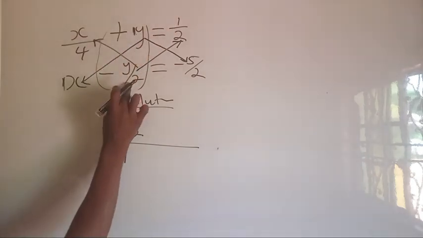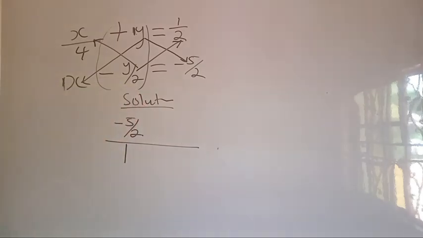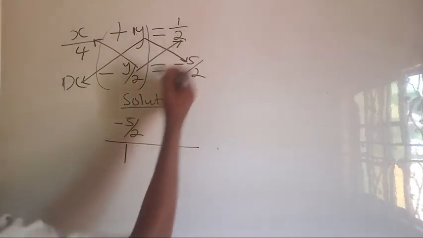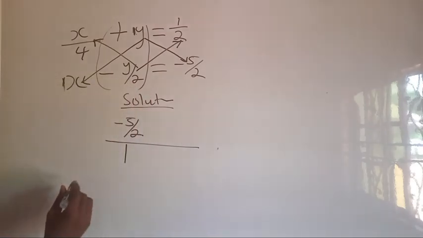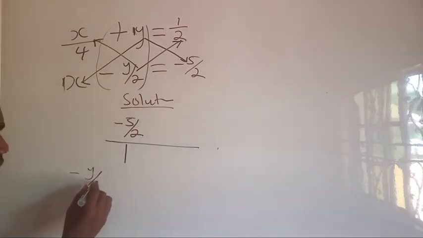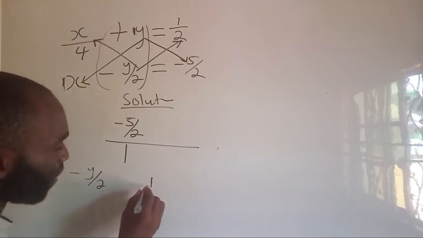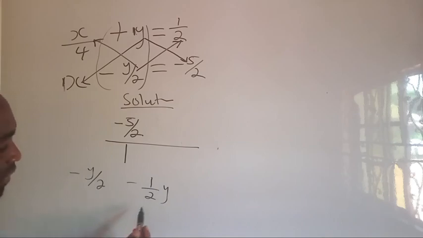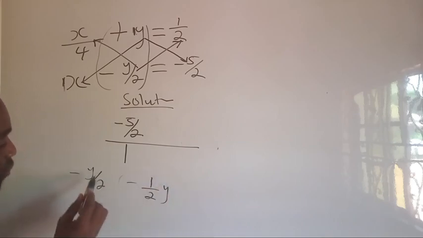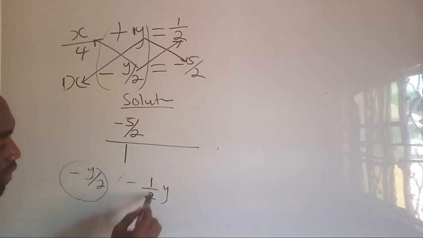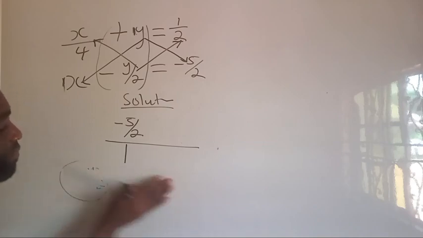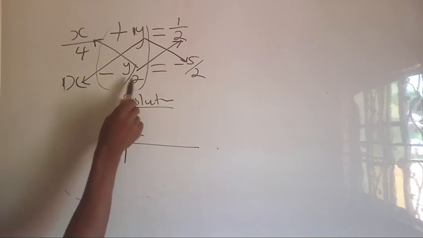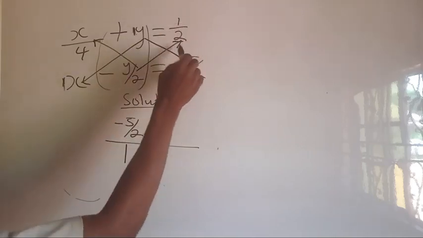Let's come to the second equation. You know that minus y all over 2 means minus 1 all over 2y, which means the coefficient of this is minus 1 over 2. So now just know that here is minus 1 over 2 that is multiplying 1 over 2.